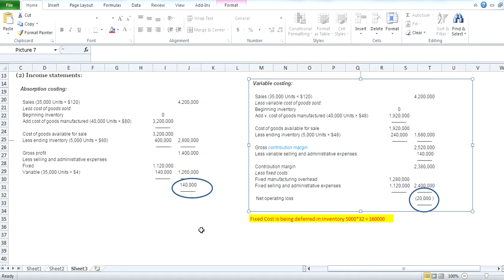So that's the back and forth that goes on between cost accountants and accountants in general: which approach is the best way to look at it. Again, the regulatory bodies say let's go with this full cost method because we need to apply some of that fixed cost towards the product unit cost.